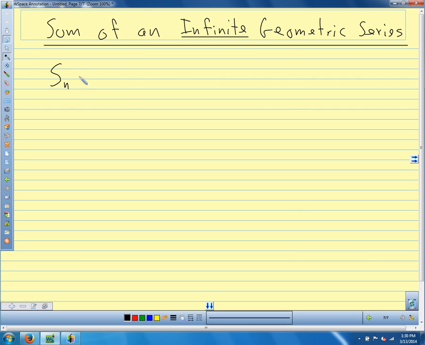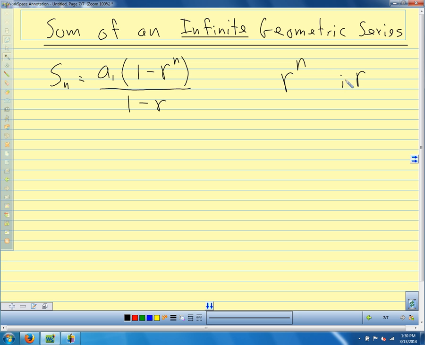We said that S sub n equals A1, 1 minus r to the n over 1 minus r. Now I want to look at the exponential function r to the n. If r is a fraction or a decimal, and the way that we write that in symbols is we say the absolute value of r is less than 1.